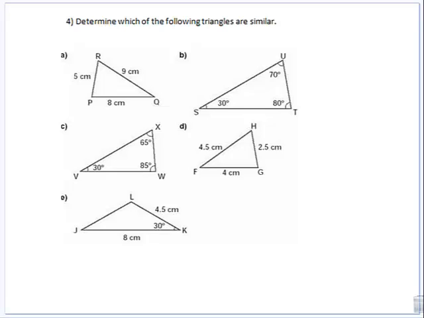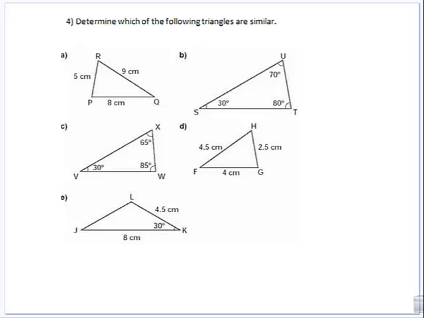I see angles on B, C, and E. So do any of those have two angles that are congruent on each other? No. All right, they all have a 30 degree, but none of them have a second angle which would be congruent.